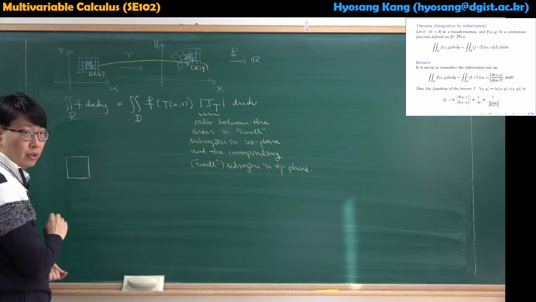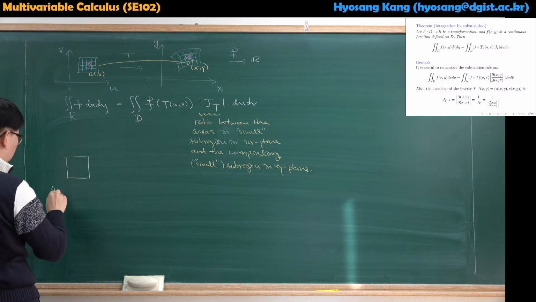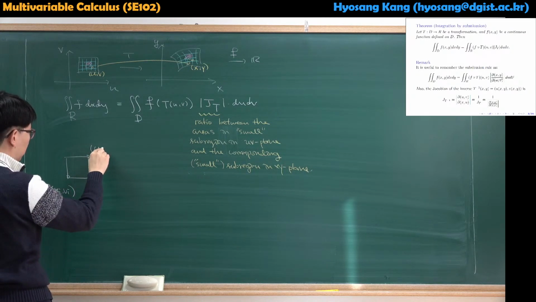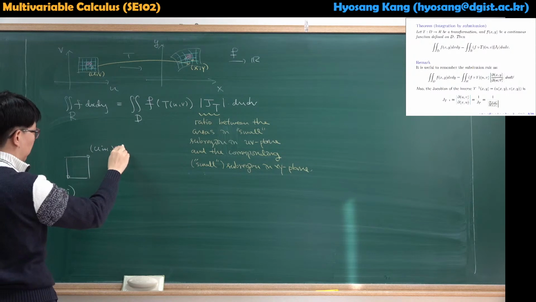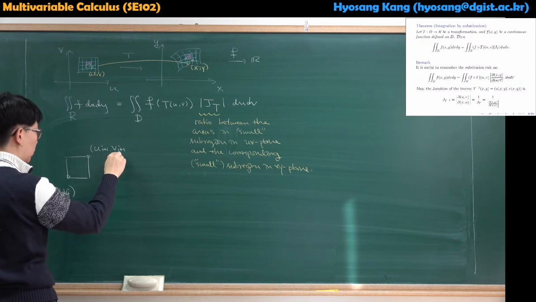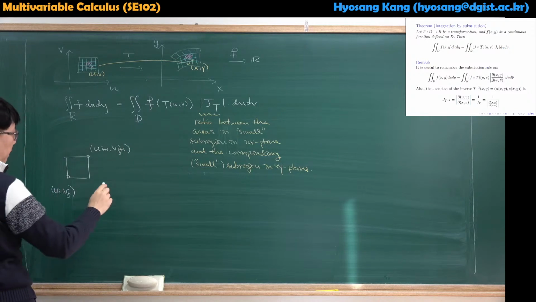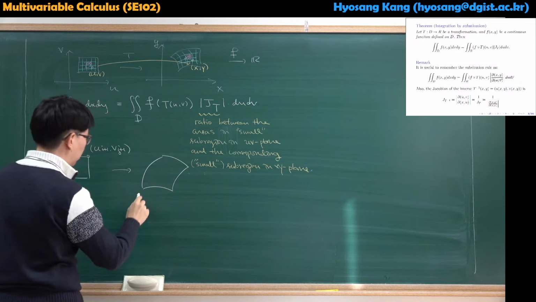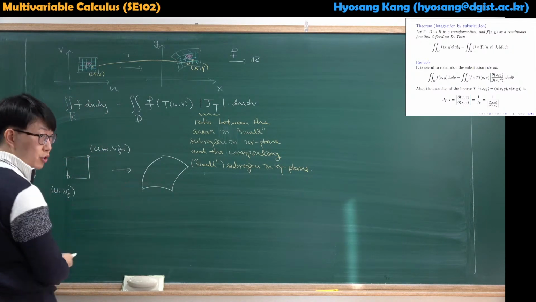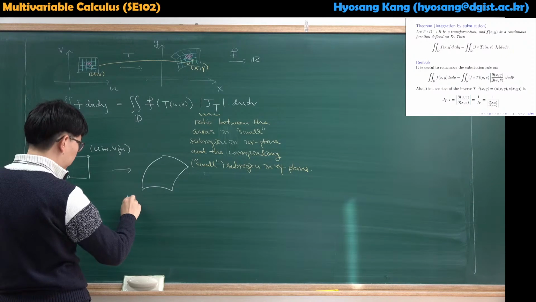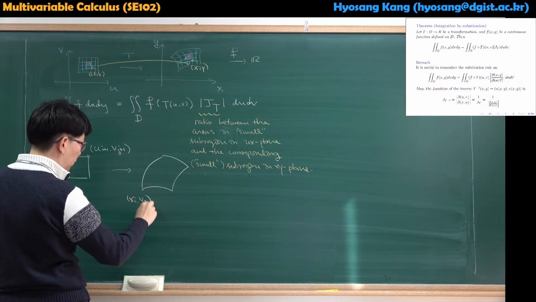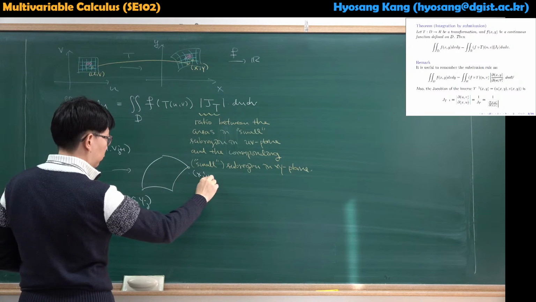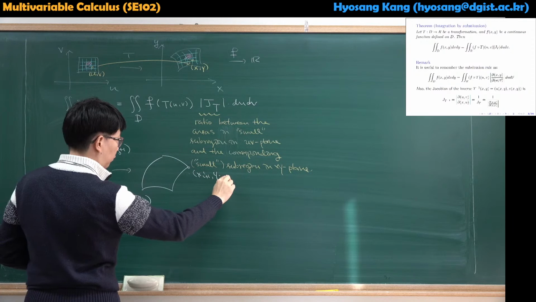I'm going to draw it bigger. So we have ui, vj at this point, and here we have ui plus 1 and vj plus 1 here, and let's say this is our subregion in R. So this is xi, yj, and let's say this is xi plus 1, yj plus 1.